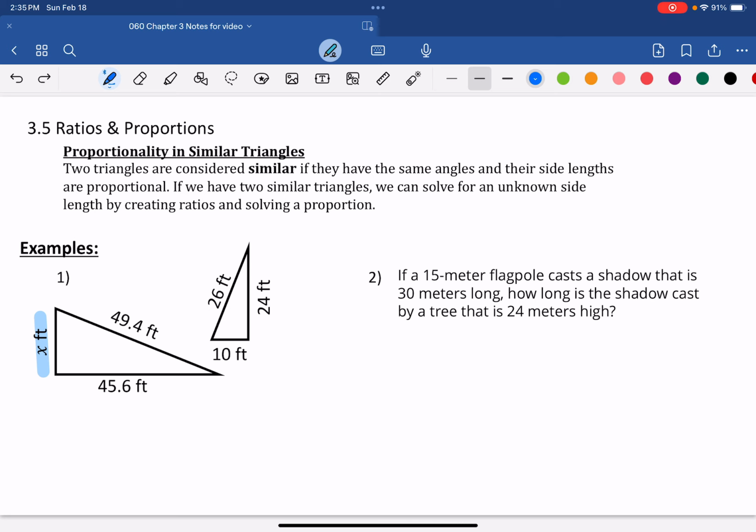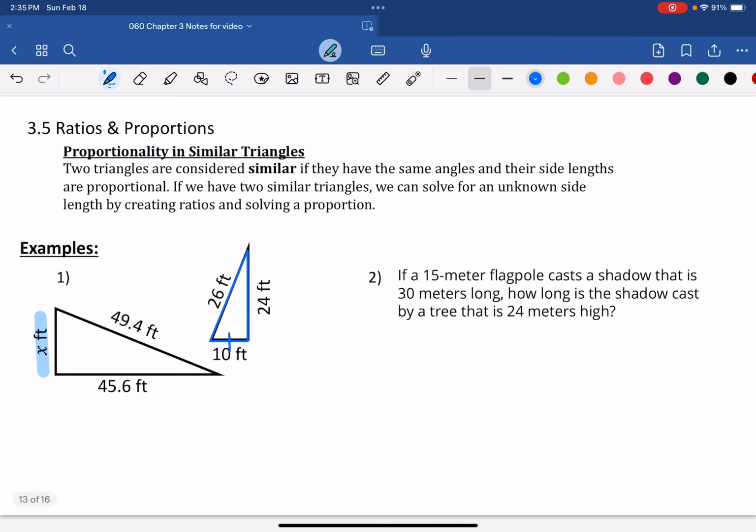So it's helpful to visualize where that triangle might sit if I were to actually move that triangle to be over here. If it was sitting on top of it like that, where would these sides be?